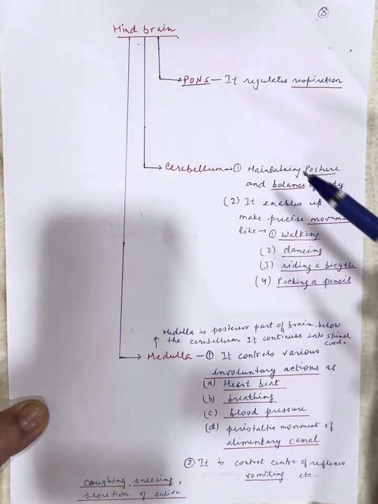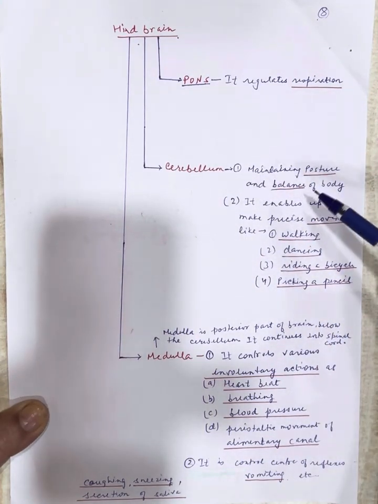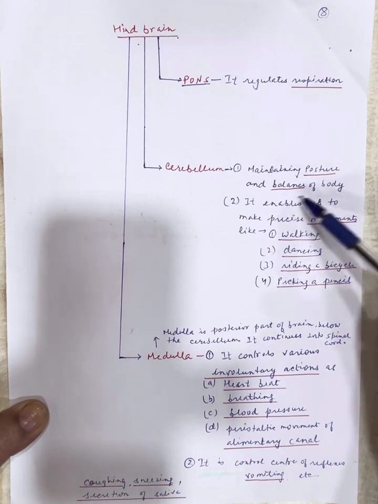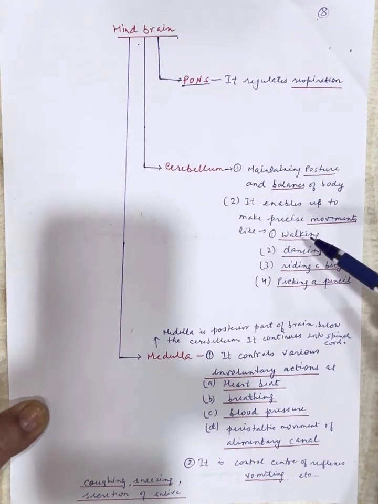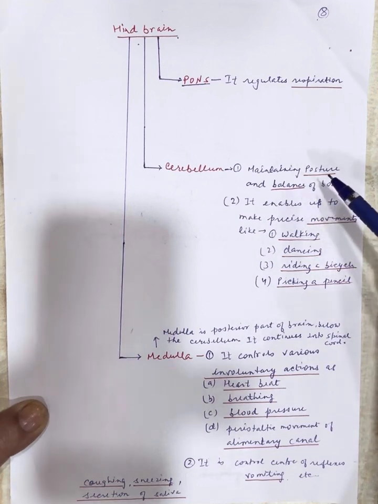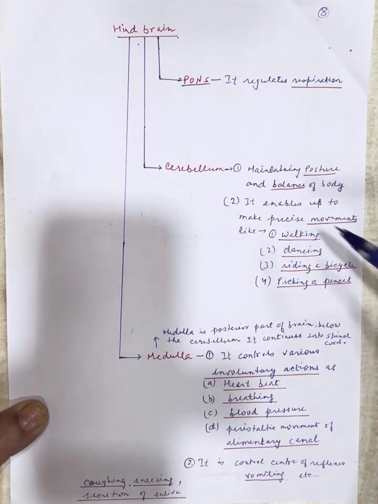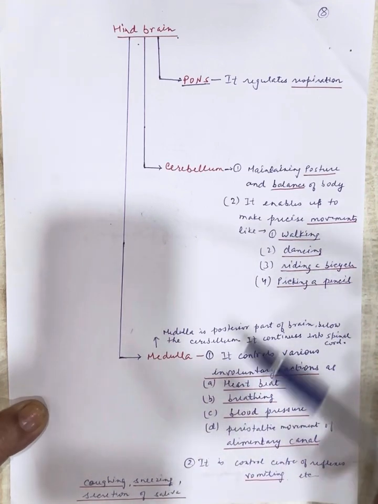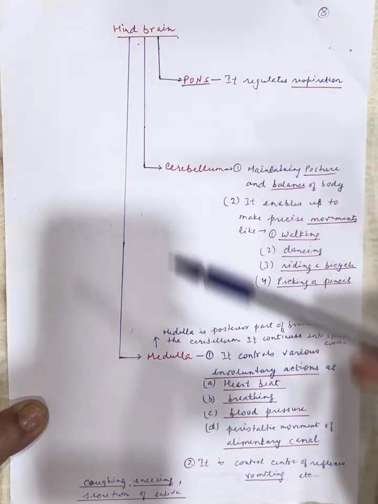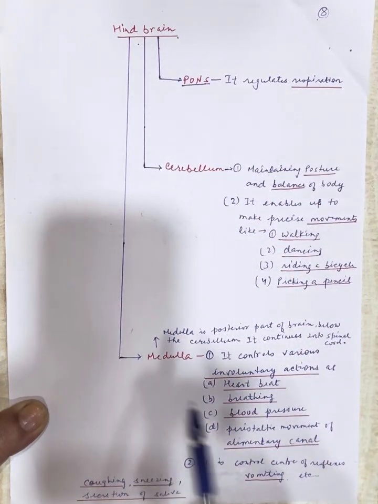The next is the cerebellum. The cerebellum is responsible for our posture and balance of the body. When the cerebellum is working properly, we are able to stand erect and walk properly. It also helps us in precise movements like walking, dancing, riding a bicycle and picking up a pencil. The next part of the hindbrain is the medulla.